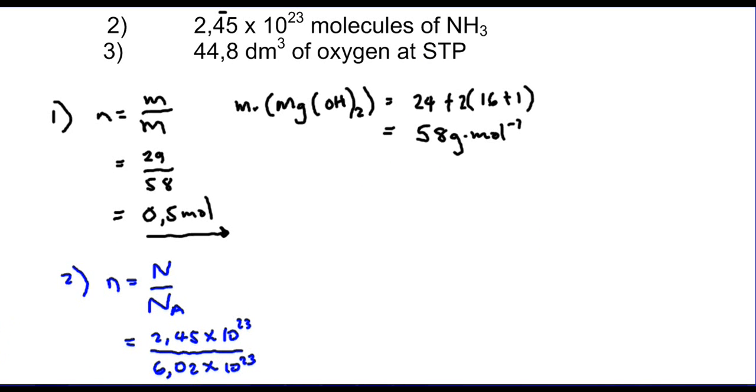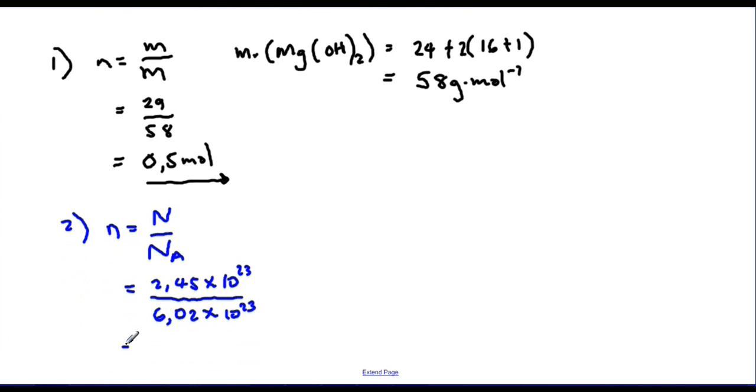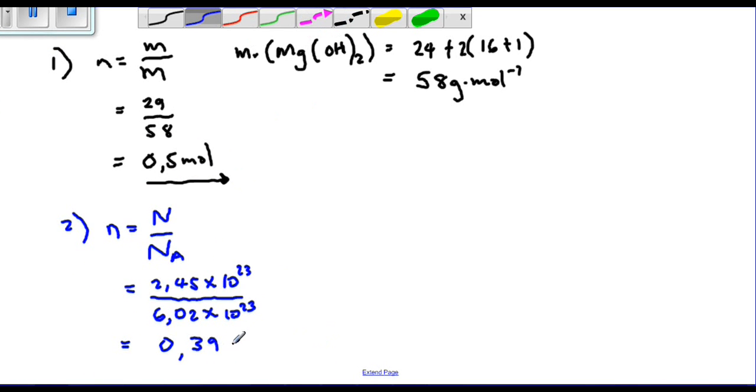And because we are working with molecules in this case, and we work it out, we get 0.39 moles. So that will be 0.39 mole. Now that will be the second sum.